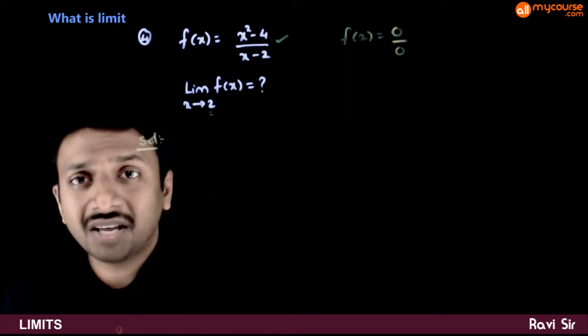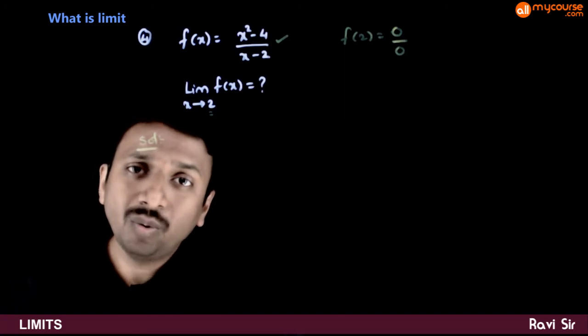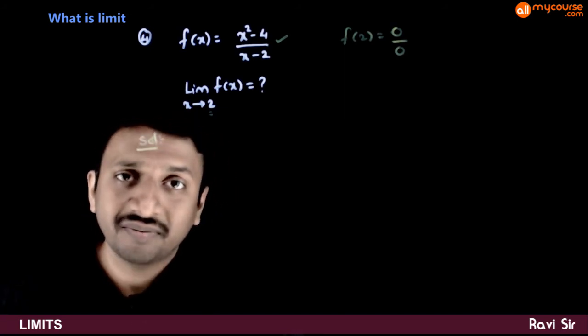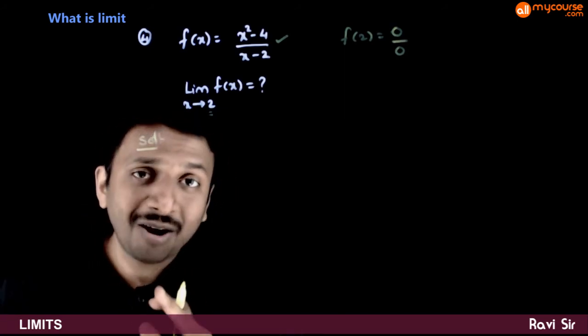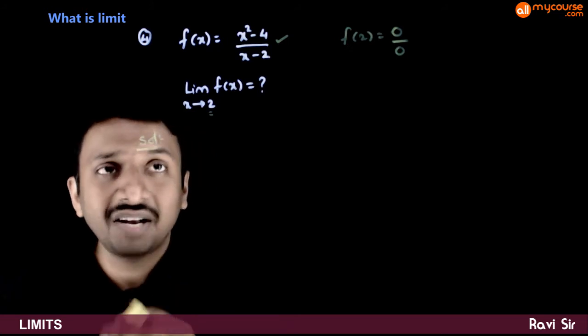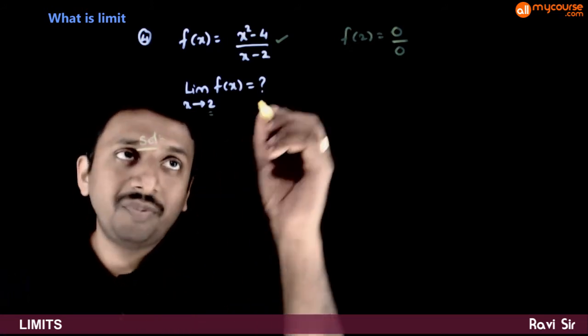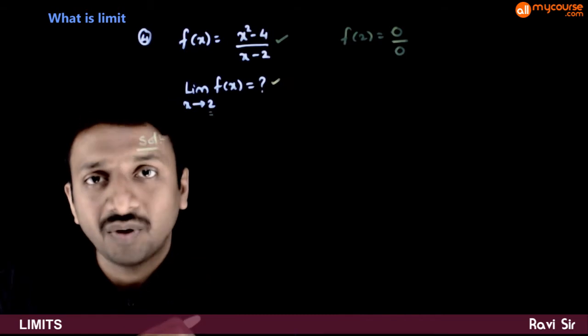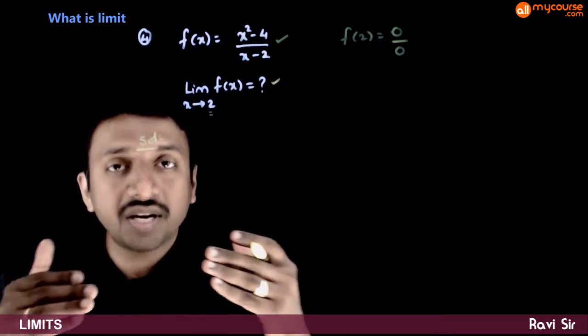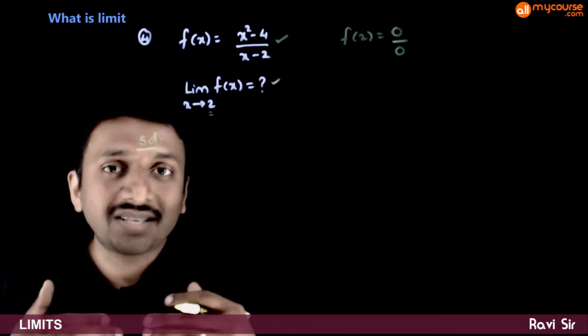Hence, the functional value at x is equal to 2 does not exist. But you are not being asked to find a functional value at x is equal to 2. You are being asked to find the limit at x is equal to 2. That is, as x gets closer and closer to 2, where does f of x tend to?